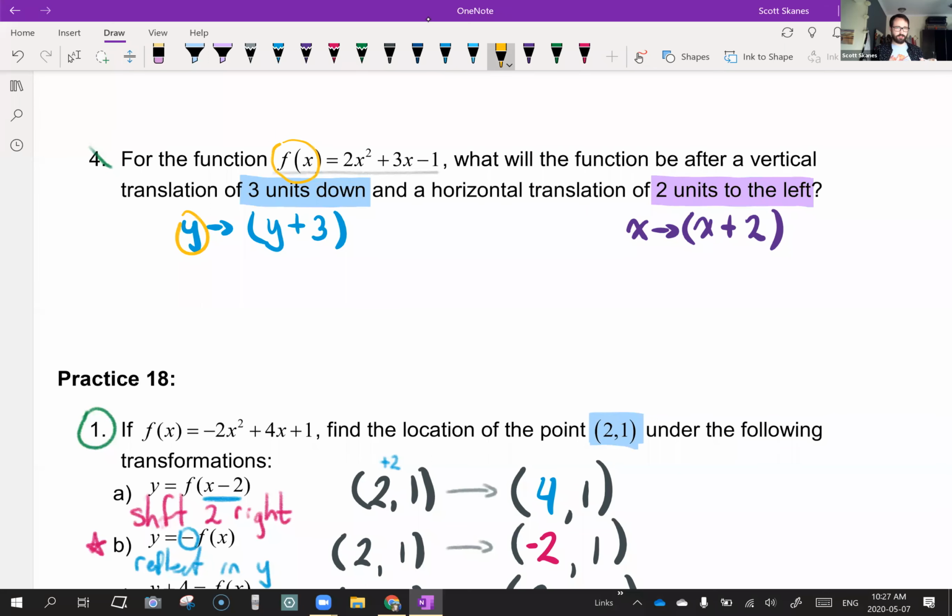Okay, so let me show you how this works. My function, f of x, I've got to add 3 to that, equals. Every time I see an x, I've got to shift it, so I need to replace it with x plus 2.